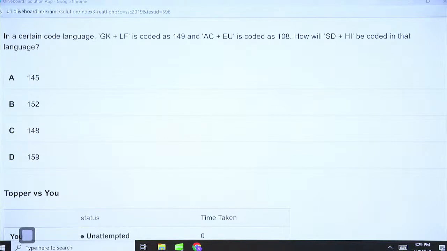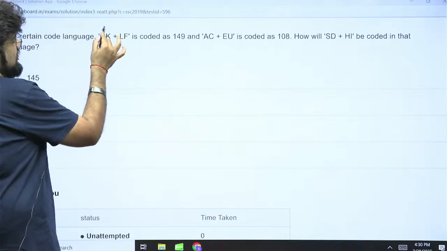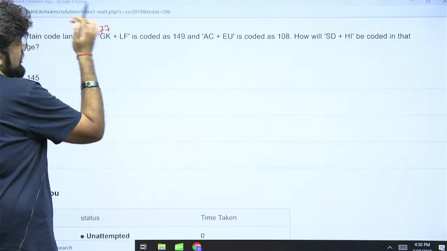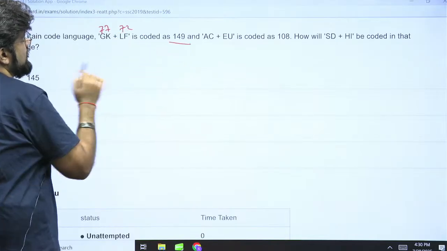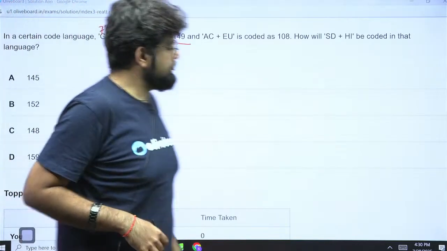Nope. 324 half is 162. No. Okay, 7 and 11, 77. 12 and 6, 72. 149. Oh, this works out. Cool.